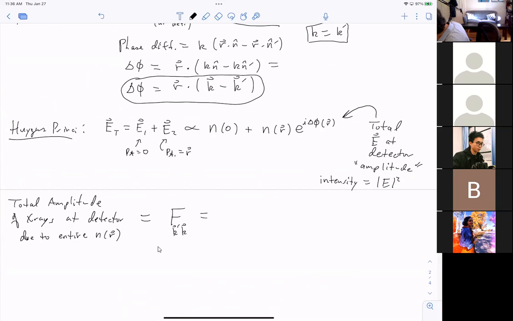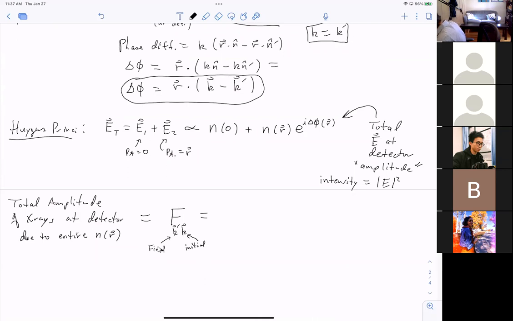The reason I call it KK prime is because that's my initial direction on the right, and that's my final direction on the left. And those of you who have taken quantum mechanics, which is supposed to be all of you, this is sort of familiar from, well, if you've taken 137B, Fermi's golden rule or the Born approximation. This is a very common notation to write it like this.